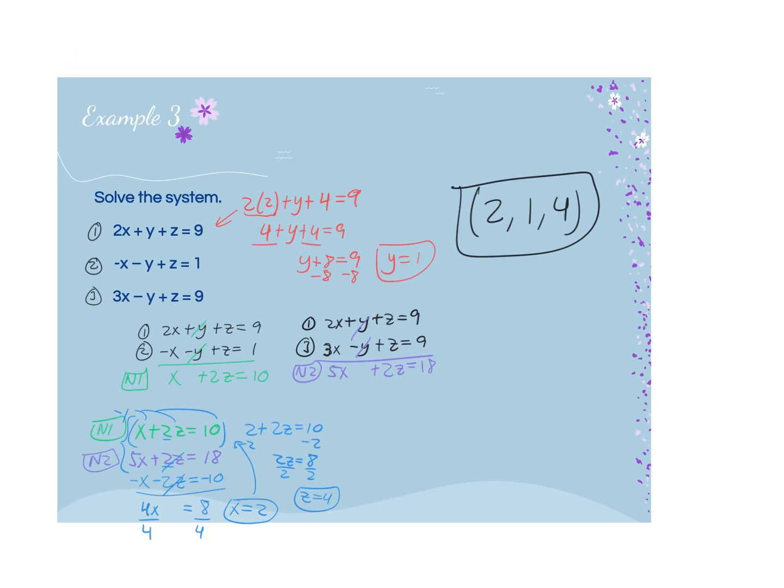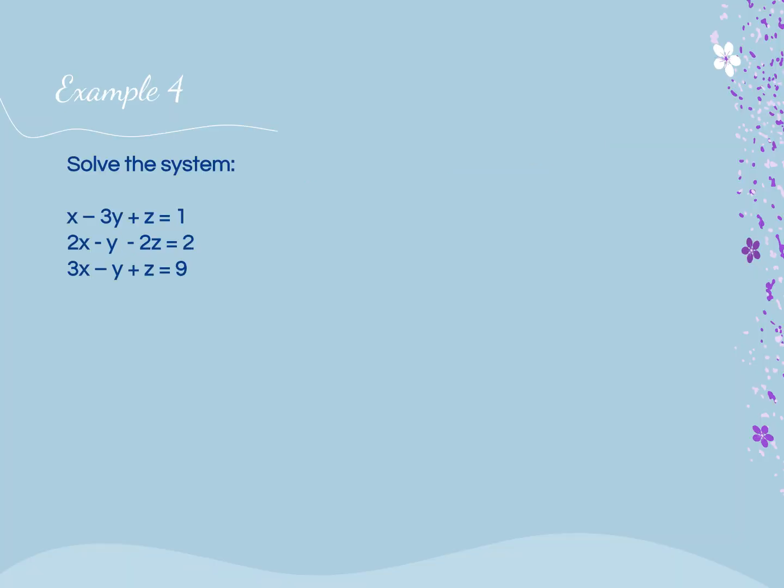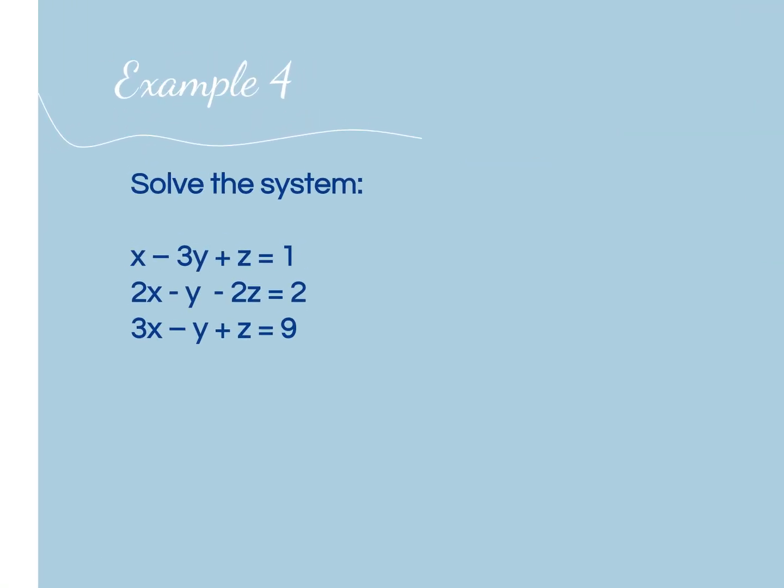All right, so I did this one a little bit faster than the other two, but once you understand the steps, you're able to do it a little bit more efficiently. Okay, let's keep going with examples. Your notes have something a little bit different, so I'm going to replace it.